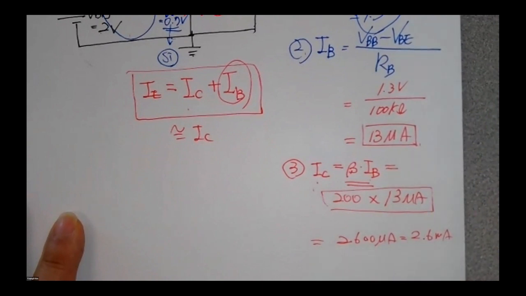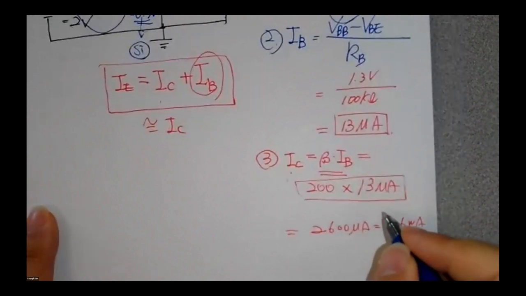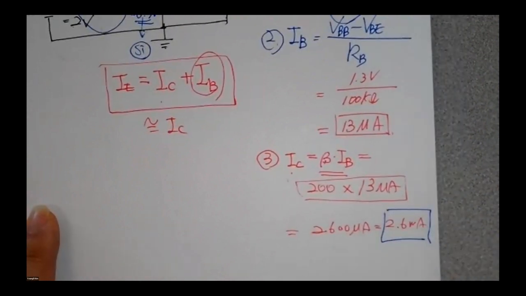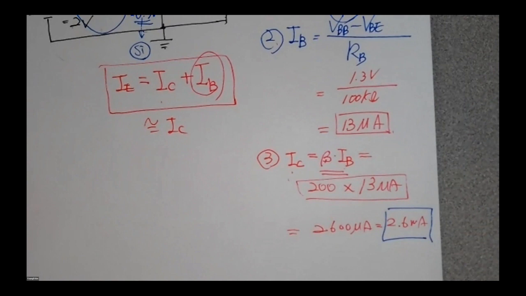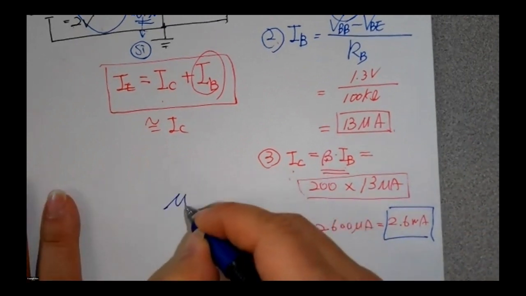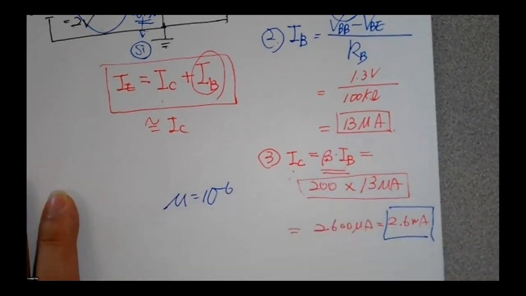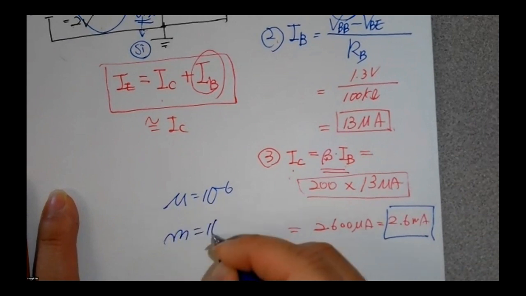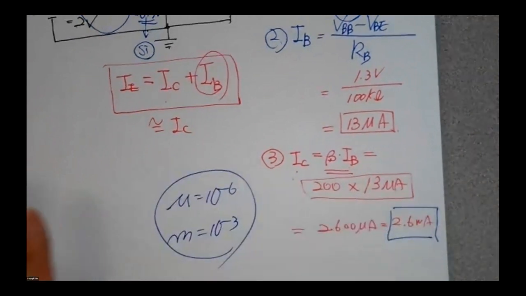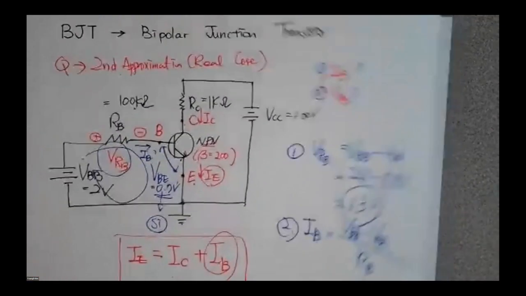So the final answer is 2.6 milliamp. Why? Because micro is 10 to the minus 6, milli is 10 to the minus 3. Right. Any questions?